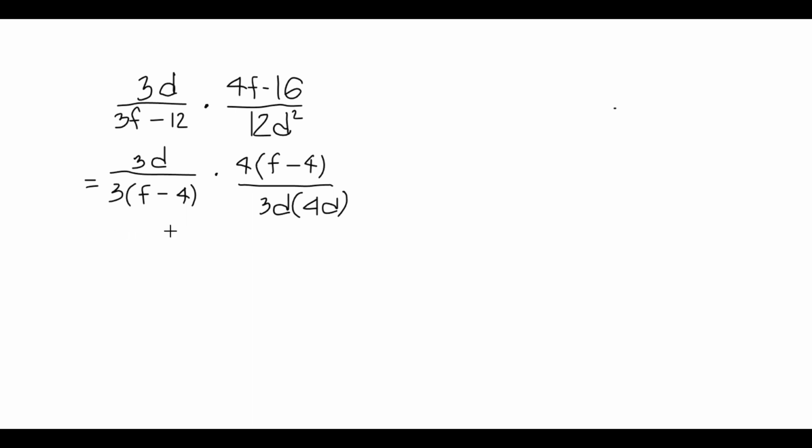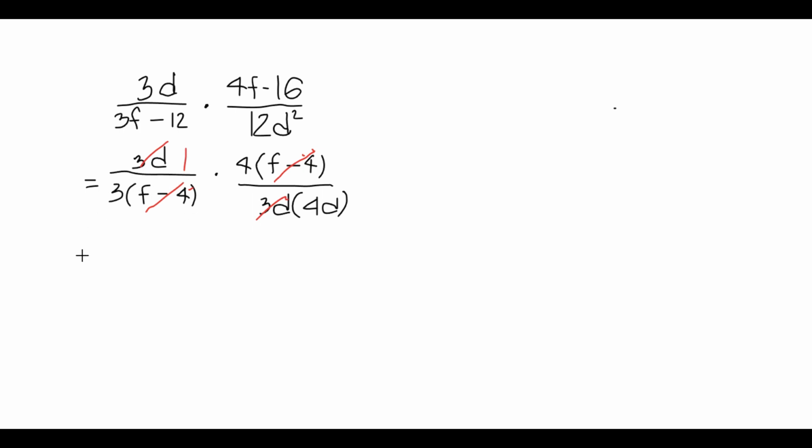After we factor both expressions, we can use the cancellation method. We can cancel the common factor f minus 4 and f minus 4. We can also cancel the 3d, and we'll have a 1 here since we canceled the numerator with no other constants and variables, so we need to write 1.